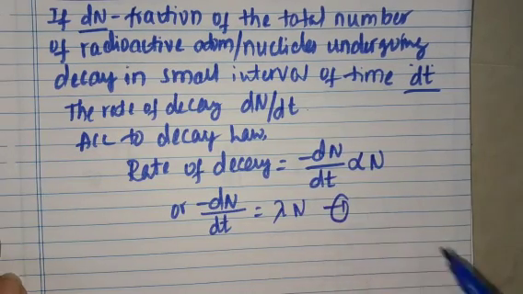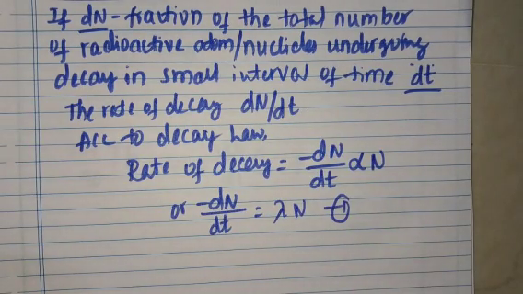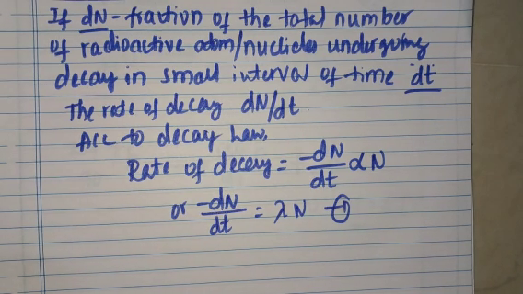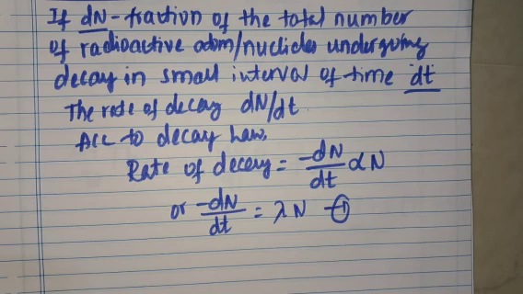Let us call this equation number 1, where λ is called the decay constant. It is the characteristic of the radionuclide and has the unit per time.